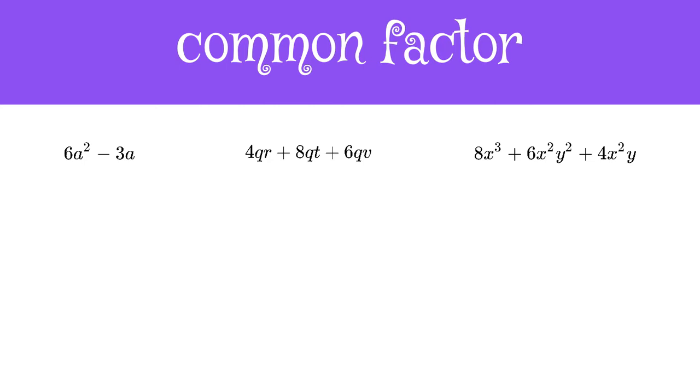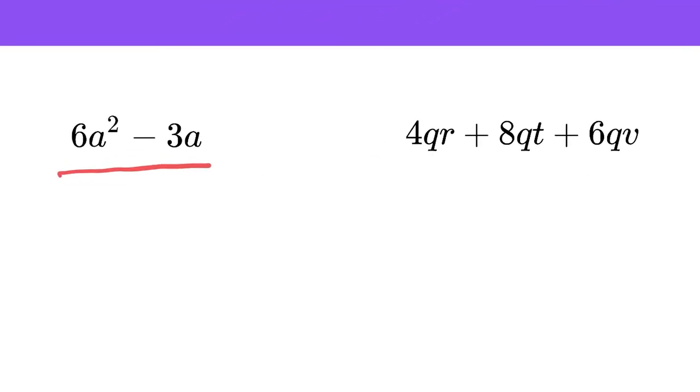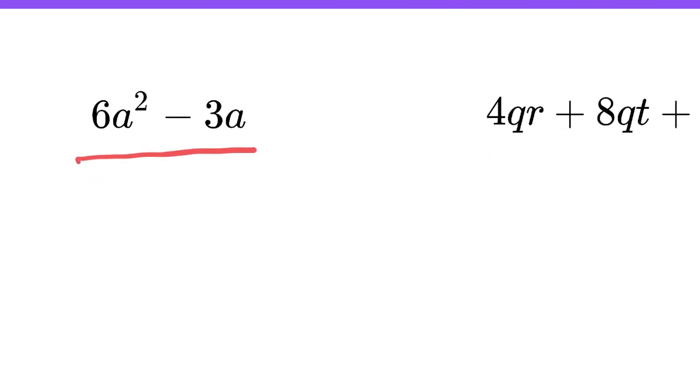And in this case, we're looking at the two terms and we're trying to find the biggest number and the smallest common variable. It's actually the largest common variable, but when we do it, you'll find out what I mean by the smallest. So in this case, when you look at the numbers, 6 and 3, 3 is the largest common number.